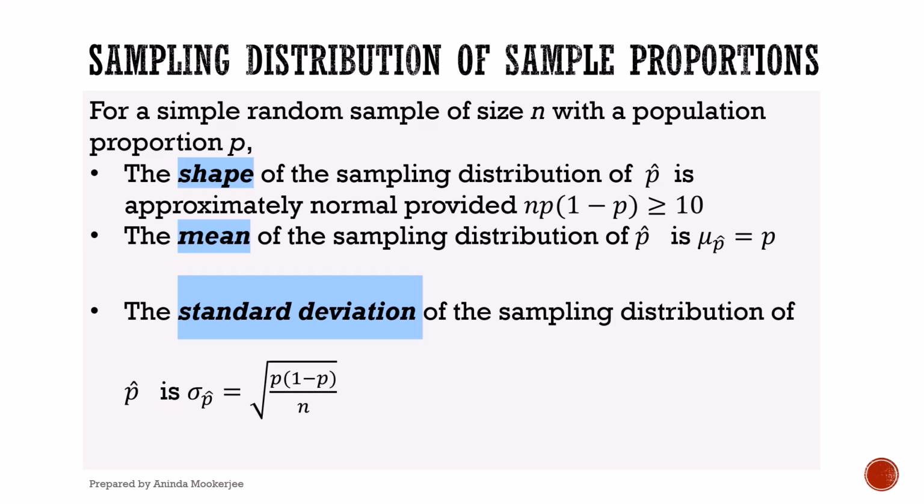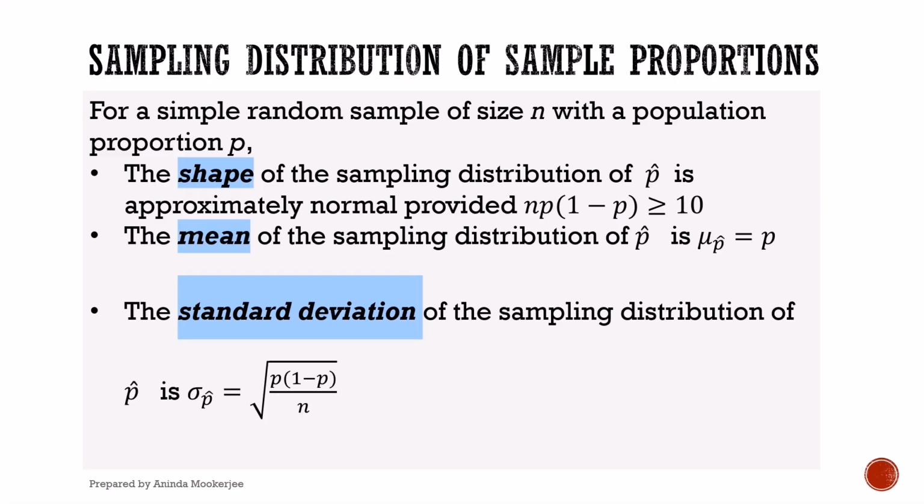This is a condition that needs to be fulfilled in order to assume that the shape is going to be normal. n is the sample size, p is the population proportion, and when you do this calculation, it should be greater or equal to 10.